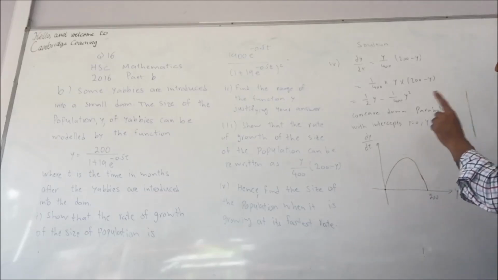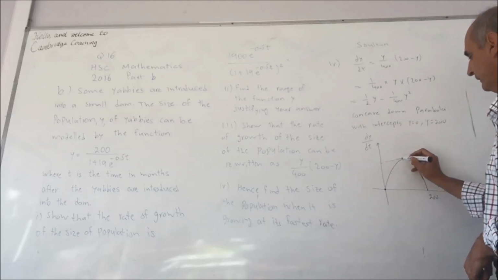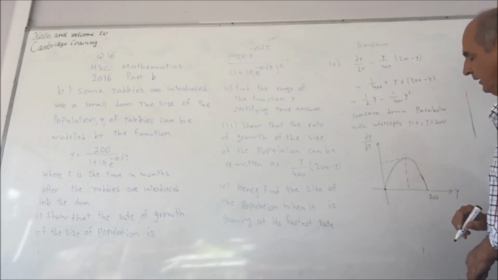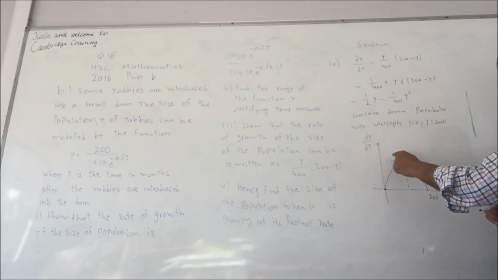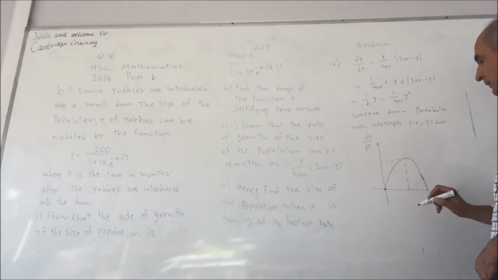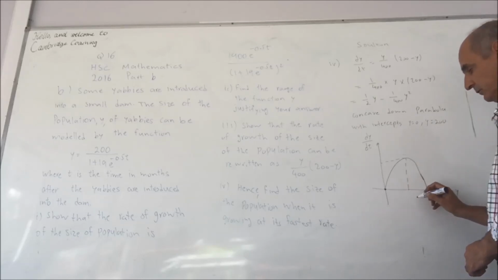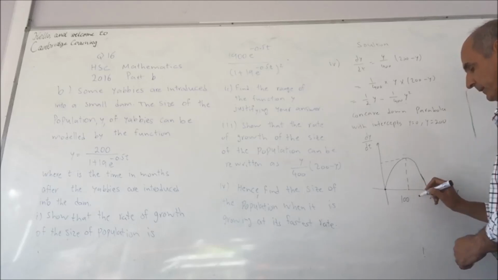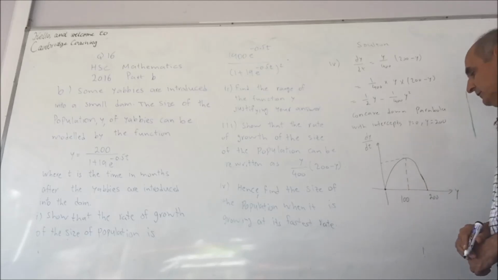Okay, and they are asking us for the value of population when your rate is a maximum. The rate, which is dy over dt, is maximum here, which is basically your vertex, and it is halfway between your intercepts, 100. Okay, so the size of the population is 100.